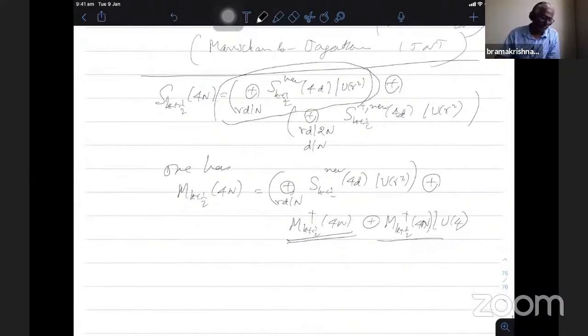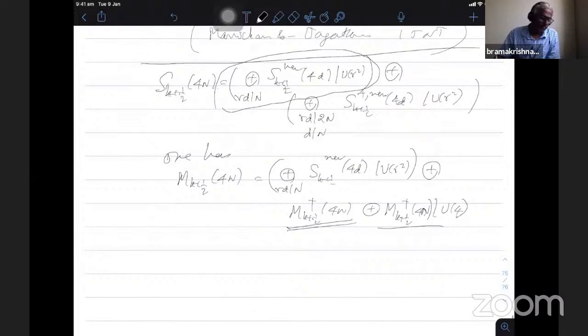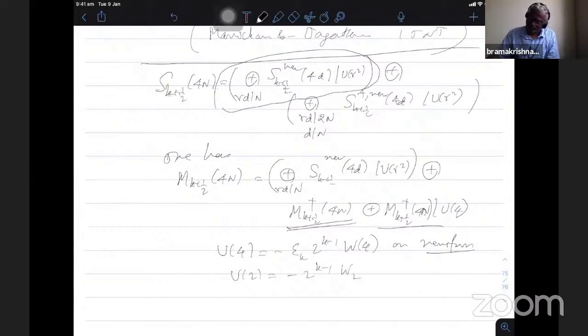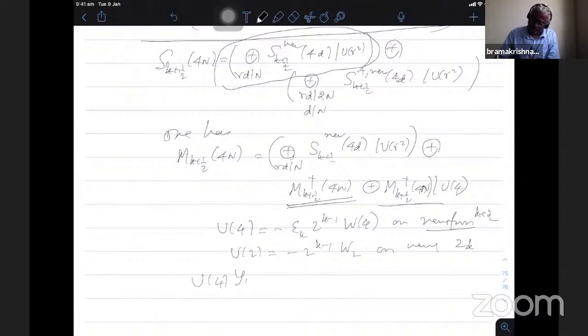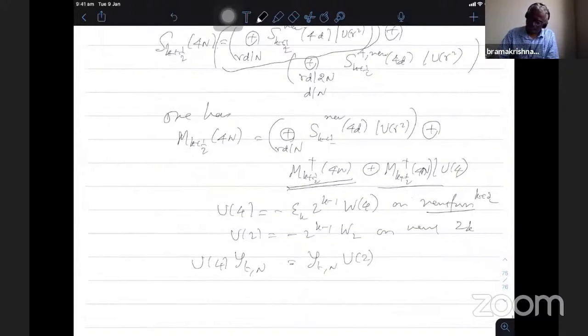And other properties are: u4 is minus epsilon_k 2^{k-1} W4 on the new form space. So that is the level 4n, not the plus space. And we have u2 is minus 2^{k-1} W2 on, this is k plus half, on new forms of weight 2k. And we have u4, the S_{tn} map is commuting, so S_{tn} u2 on S_{k+1/2}(4n).